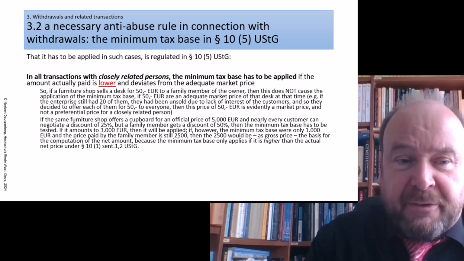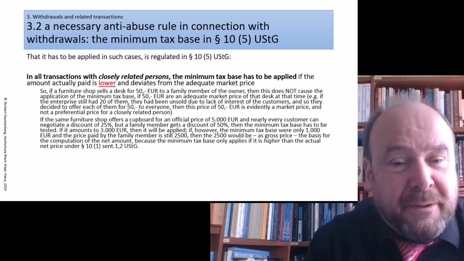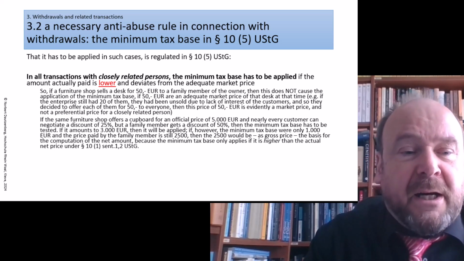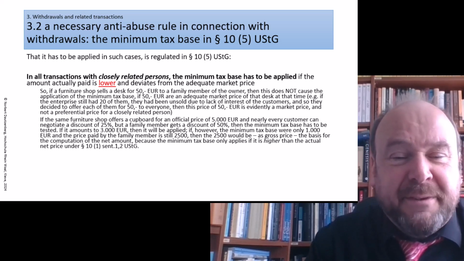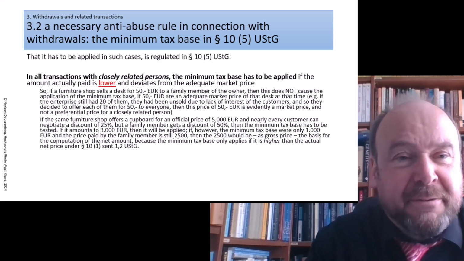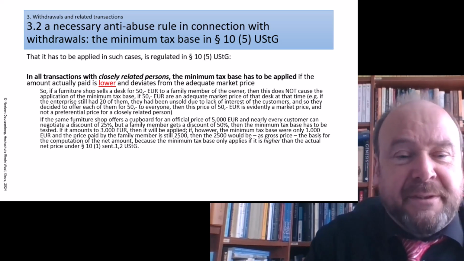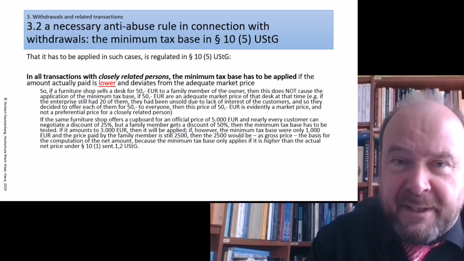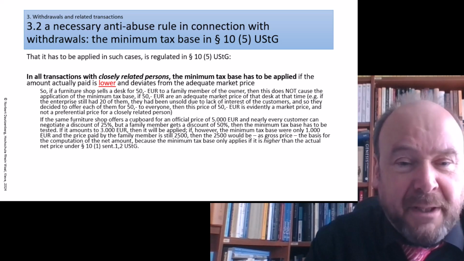If, let's say, a furniture shop sells a desk for 50 euro to a family member of the owner, that sticks. However, that does not cause the application of the minimum tax base if 50 euro is an adequate market price for that desk at that time. For example, if 20 others can also buy that desk at a reduced price of 50 euro, then it's clearly the proof that 50 euro is at that moment the market price.